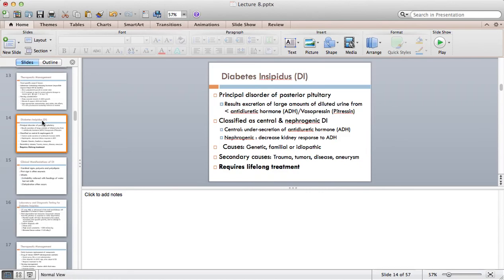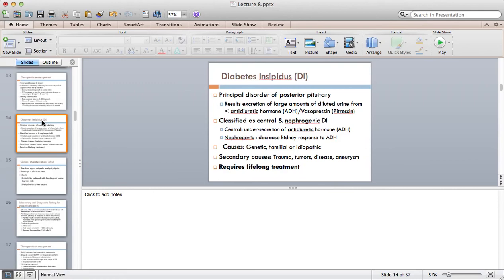The posterior pituitary gland secretes antidiuretic hormone, and the problem will be that for some reason there is less secretion of antidiuretic hormone, or vasopressin. And this results in excessive production of urine.